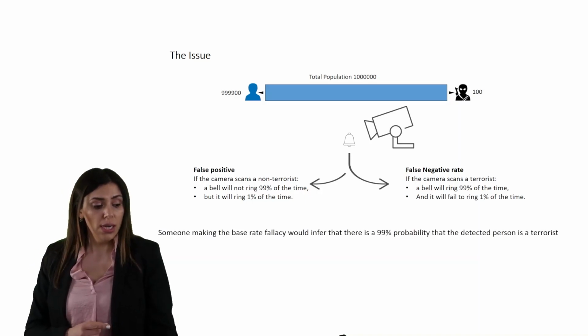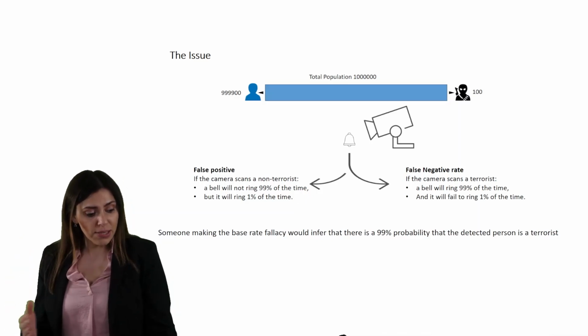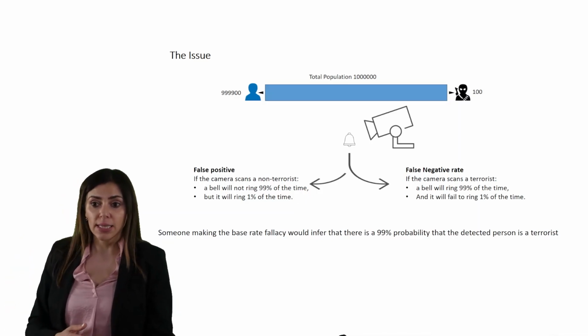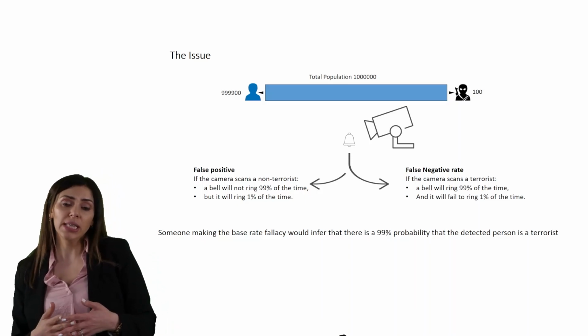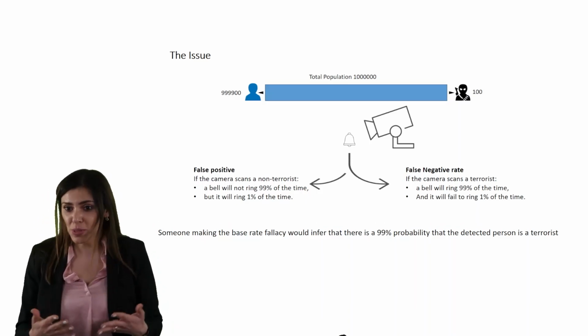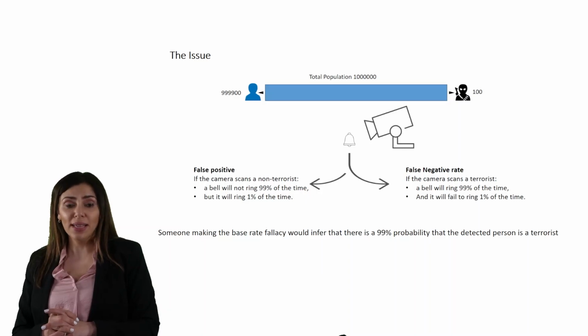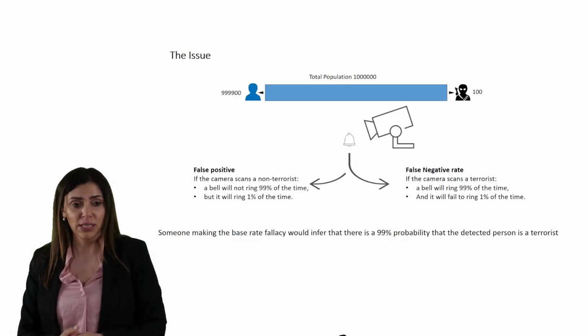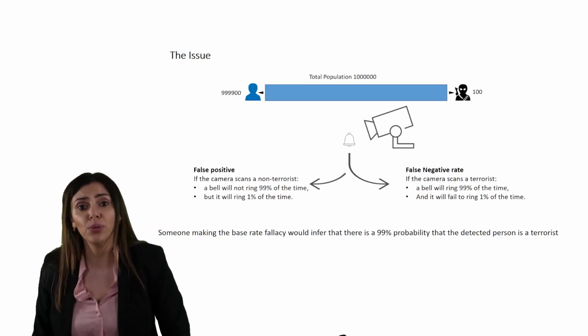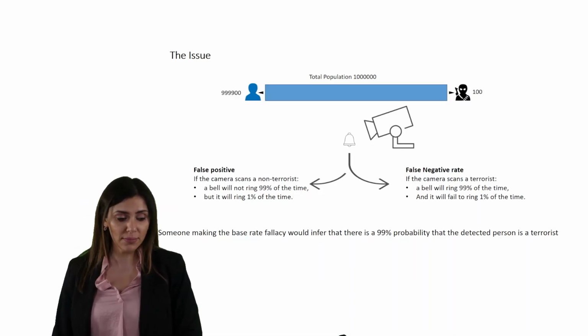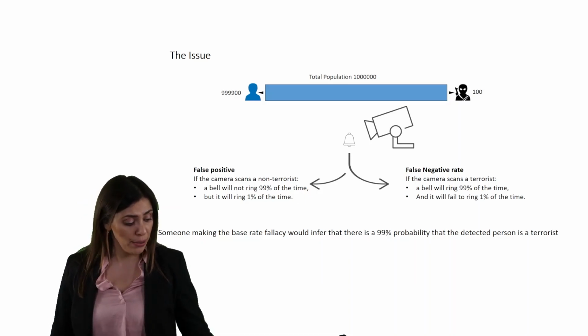So the base rate fallacy means that we are inferring that there's a 99% possibility that a detected person, when the bell rings, is a terrorist. So let's check this together.